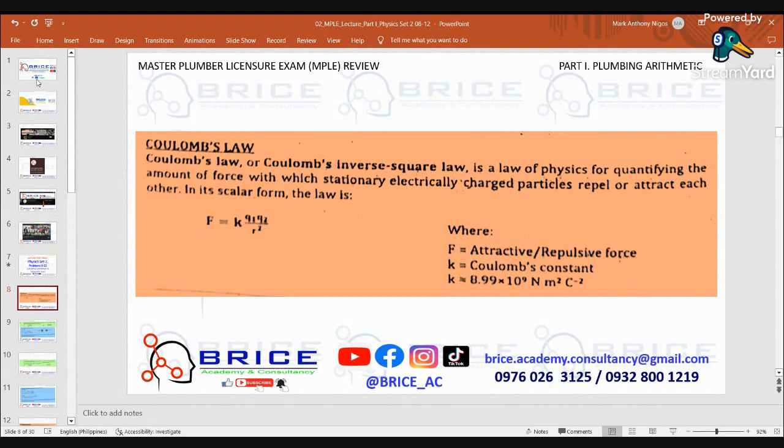In scalar form, the law is F is equal to K Q1 times Q2 over R squared, where F is the attractive or repulsive force, and K is Coulomb's constant, K equal to 8.99 times 10 to the 9 Newton per meter squared C to the negative 2.